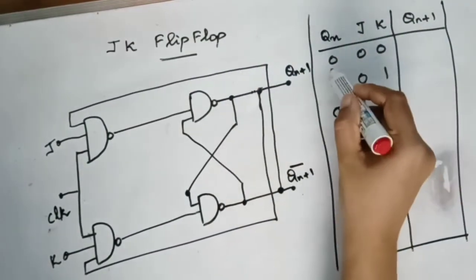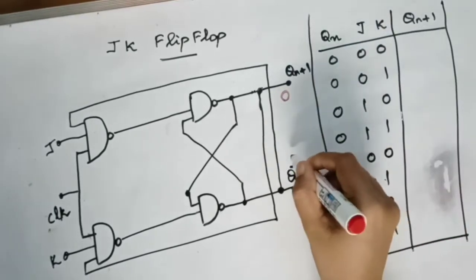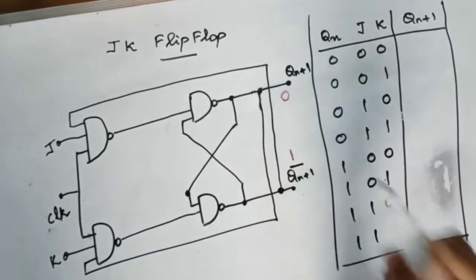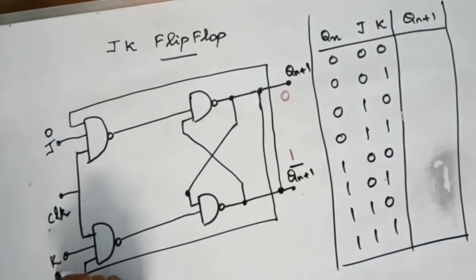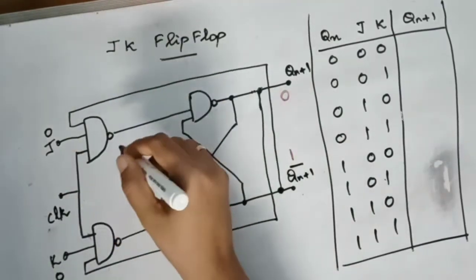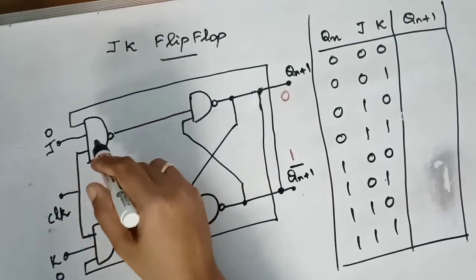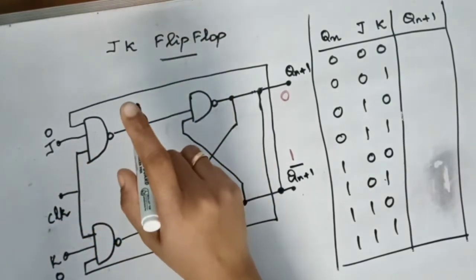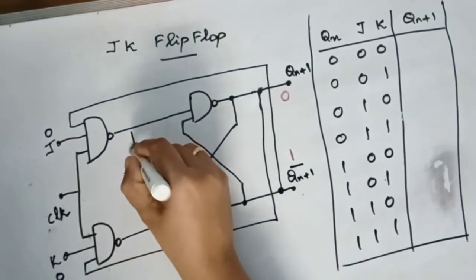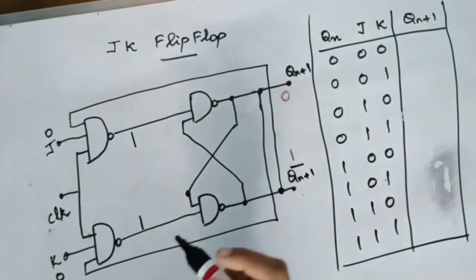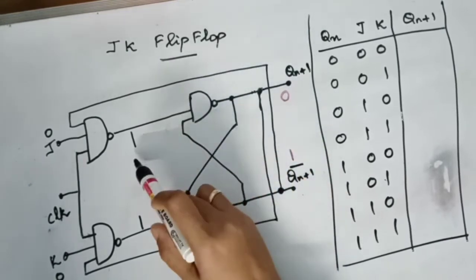First case is 0, 0, 0. So Qn previous state is 0, this is 1, and I am applying 0, 0 here. So 0, 0 means you needn't look at the other inputs. A NAND gate, if it gets a 0 at the input, then irrespective of whatever is there in the other inputs, you will get a 1 at the output. So like in the earlier case, both the NAND gates are getting a 1 at the input.